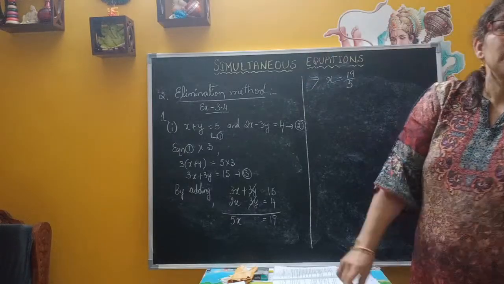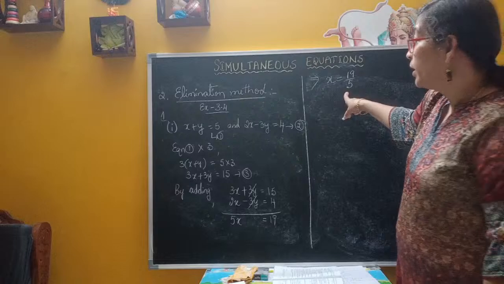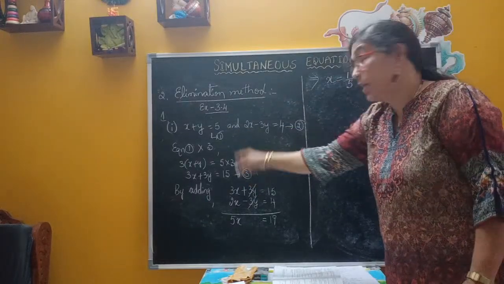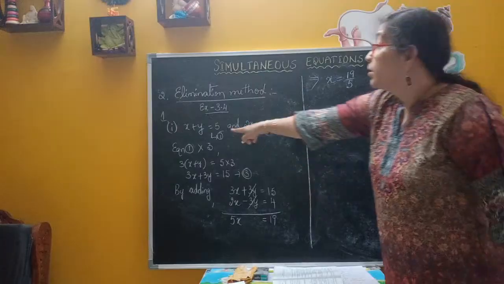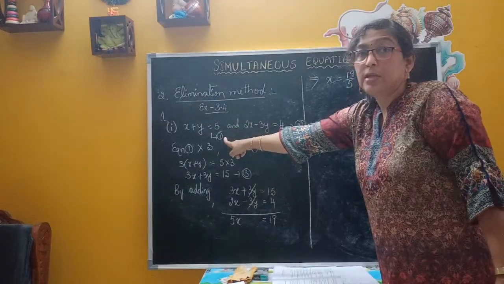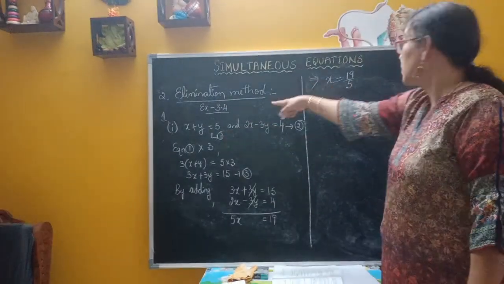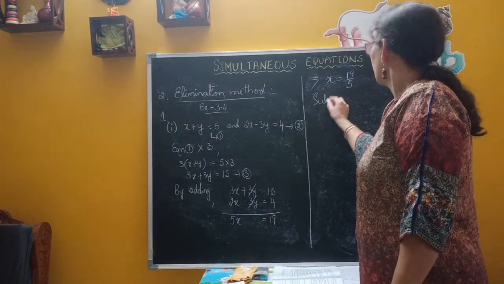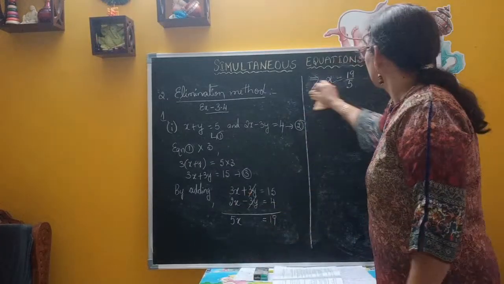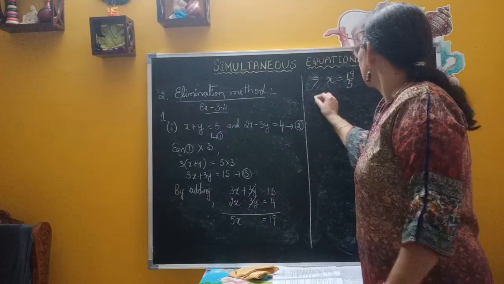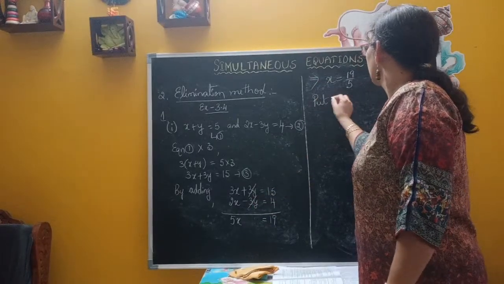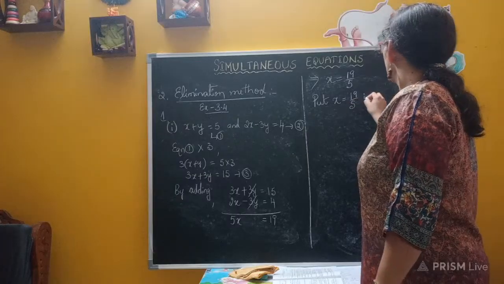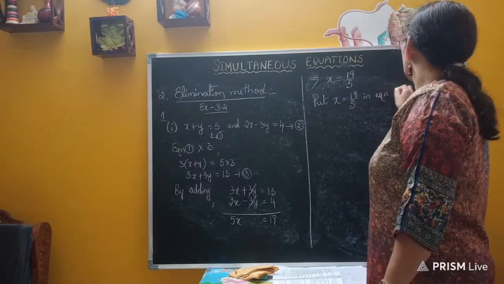What is the next step? We have to put this value in any of the equations, either in equation 1, 2 or 3, any. Which is better? Equation 1 is simple. So let us substitute in that equation. Put x is equal to 19 by 5 in equation 1.